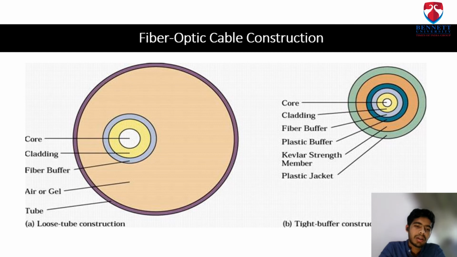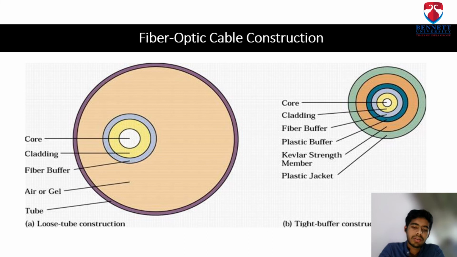The water-resistant gel protects the fiber from moisture, making the cable ideal for harsh environments where water or condensation can be a problem. On the other hand, tight buffer cables are optimized for indoor applications because they are sturdier than loose tube cables. They are best suited for moderate length LAN or WAN connections. We can also use tight buffer cable for underwater application.